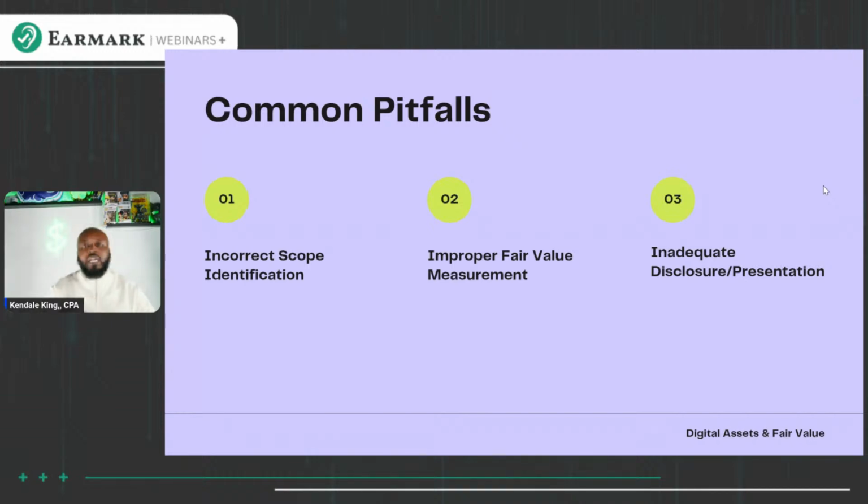And so that's where a lot of the work comes in. And usually a lot of the pitfalls that I see are because of that. So again, I just wanted to make sure that, although I didn't list it here, being proactive is key in order to be successful in this space.